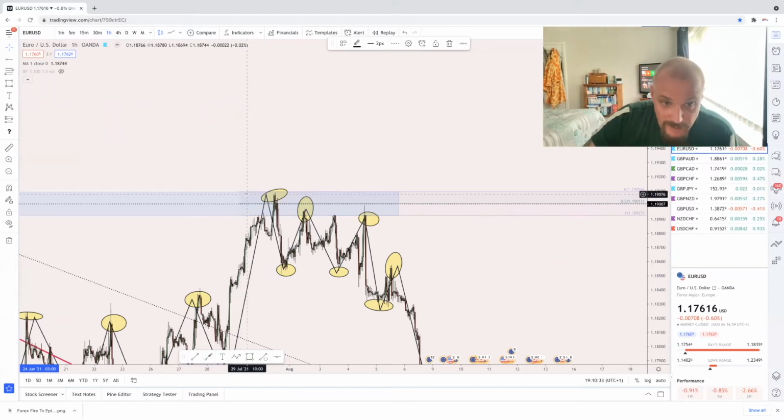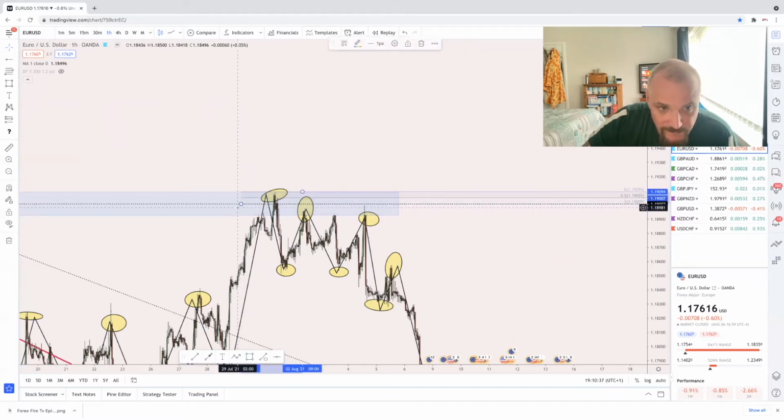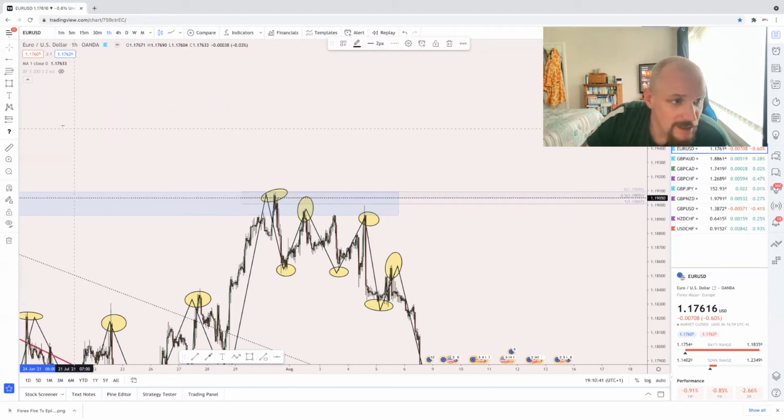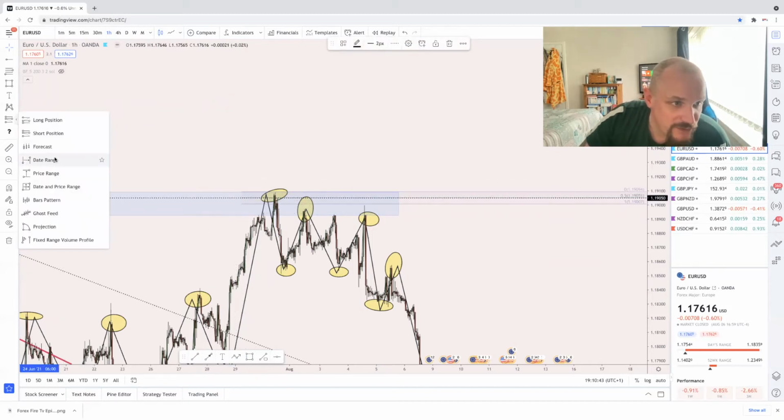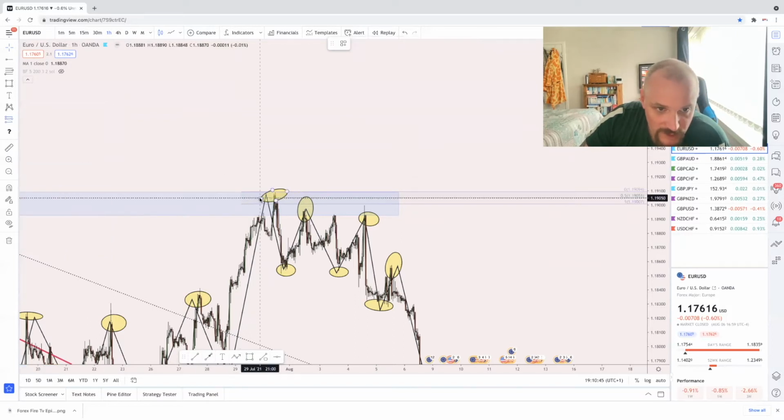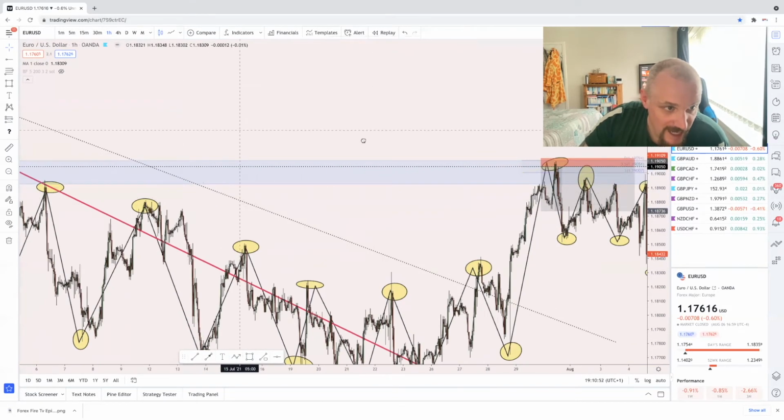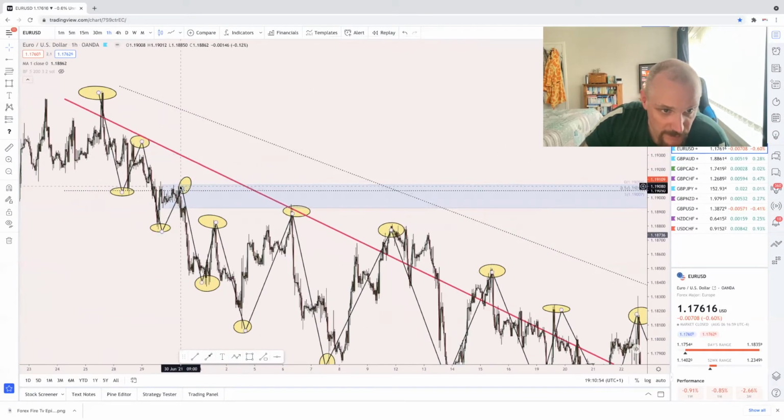So I would mark 50%, then drag this further in and mark 50% of that. From there, that would be an entry level on a short. The stop loss will be just above this area, from this peak.